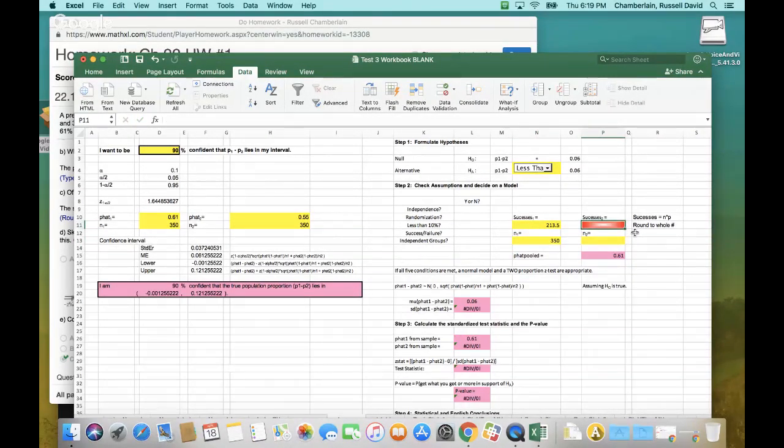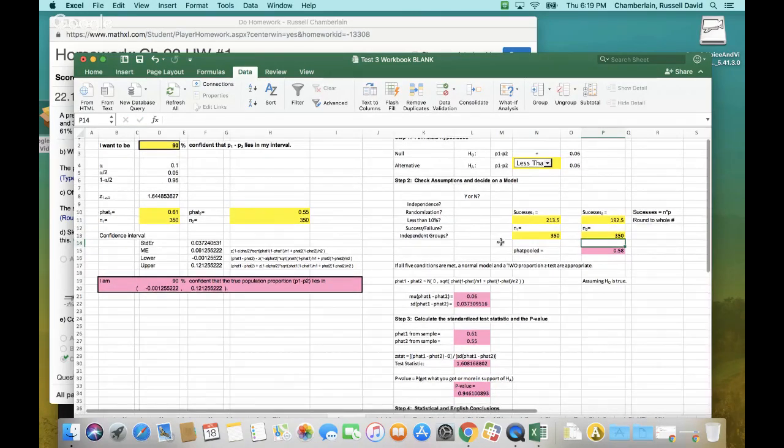Success 2 is another 350 multiplied by, in this case, 0.55. Okay, so there's our two proportions. And you'll note I forgot to put an equals in front of that. And there, now it's giving me a real number. Throw a 350 in here. Okay, that's all I have to fill out, I think.